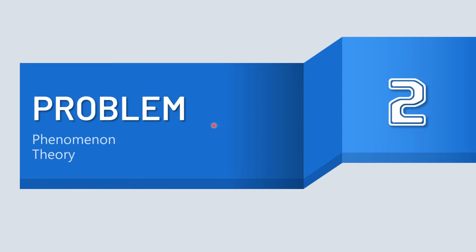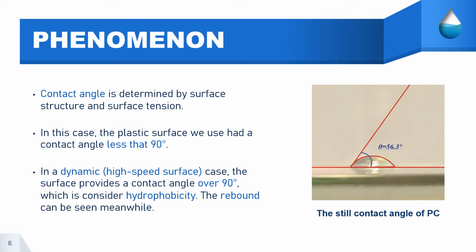The section 2 is problem. We have phenomenon and theory. The phenomenon of this research is basically talking about the contact angle. The contact angle is determined by the surface structure and surface tension.